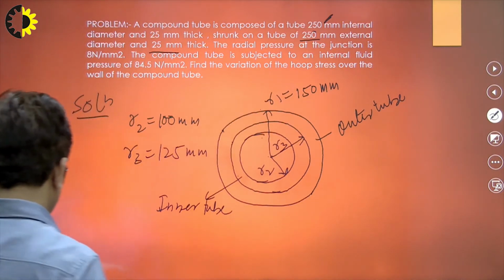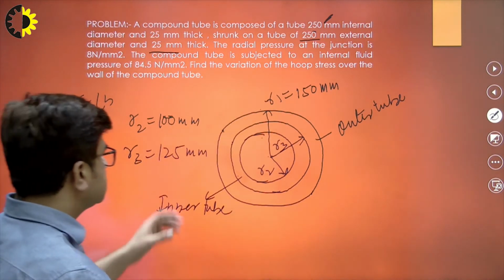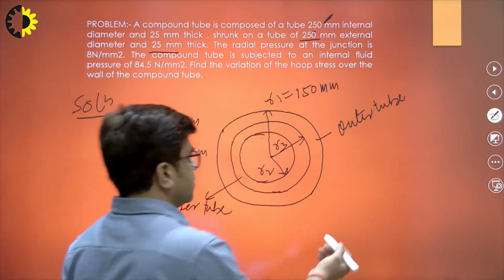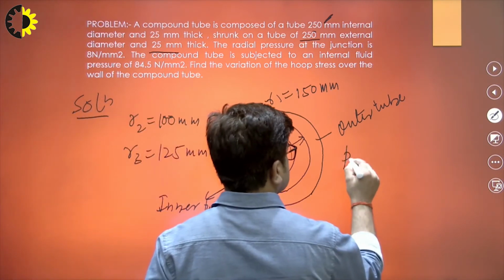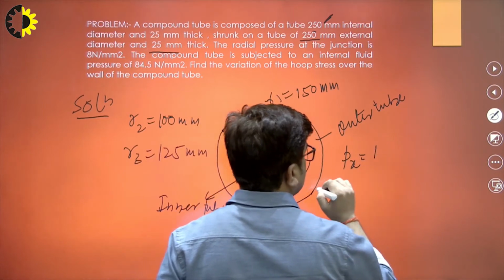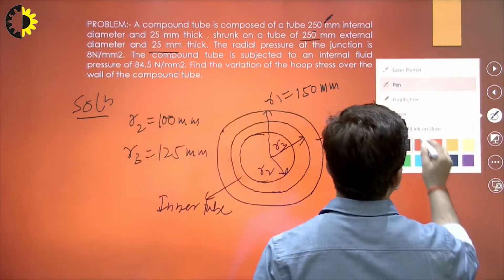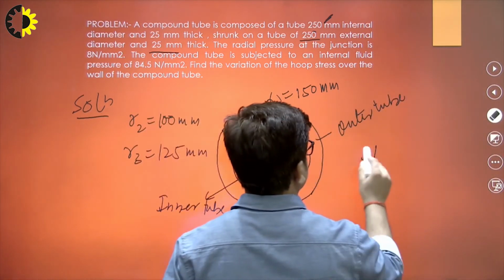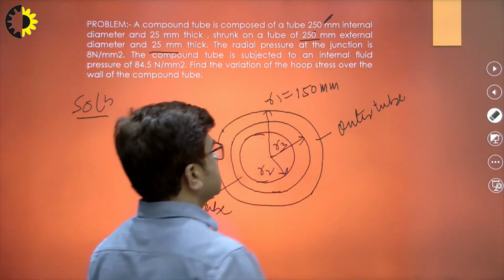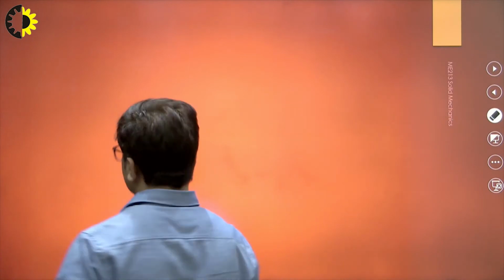Now Lame's equation, Lame's relation for this case. First of all I will consider the outer tube, the outer cylinder, and will apply Lame's equation for that.